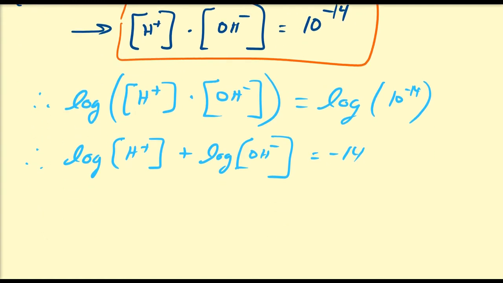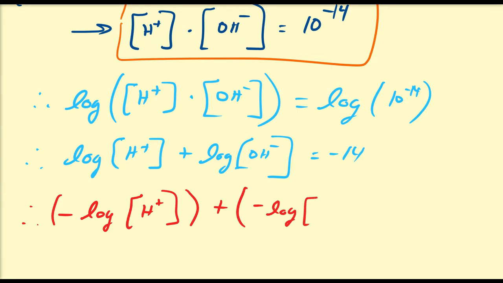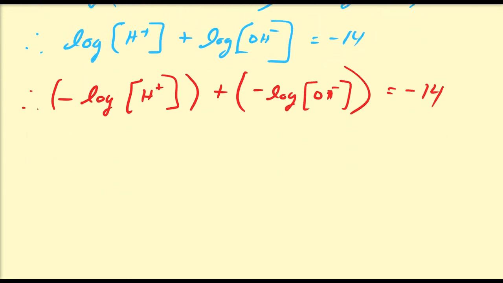Now what I'm going to do is multiply both sides by negative 1. So I'm going to have minus log of hydronium plus negative log of hydroxide concentration must be equal to 14.